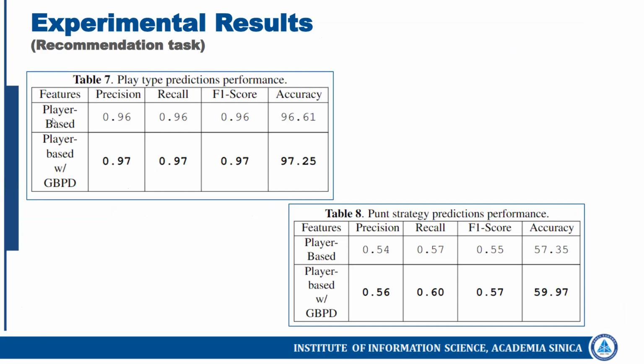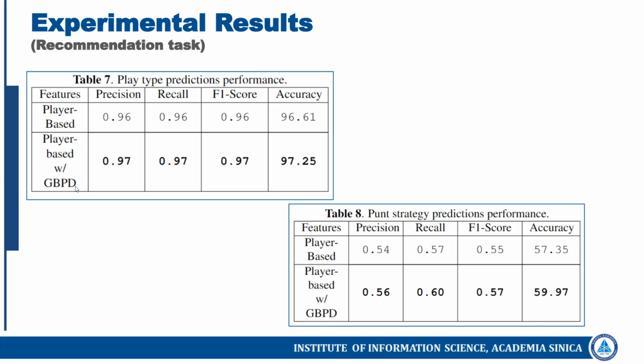So in the original work, they only use player-based features. The results of the two models with the player-based features can be seen in the first row. And then we want to incorporate our proposed features into the original model. So in the second row, we can see the model with player-based and graph-based positional dependency features.